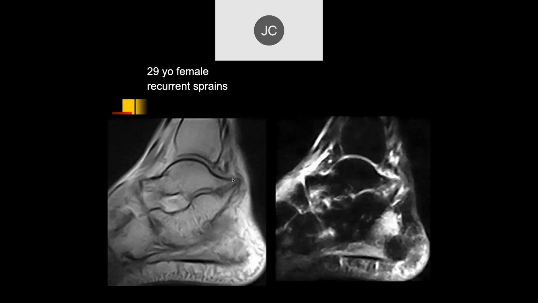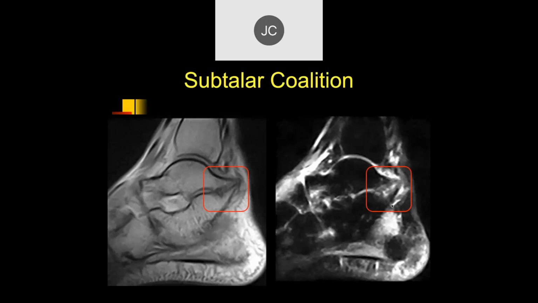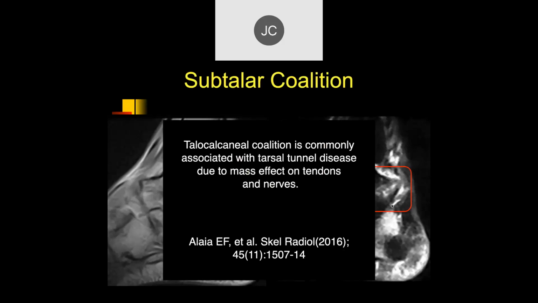Here it becomes irregular. You often will get marginal osteophytes in this location due to the strain and the stress pattern, and typical bone edema on either side of it. And so this is a very typical fibrous coalition. The subtalar joints are a common location for these conditions to occur, and often associated with tarsal tunnel syndrome.